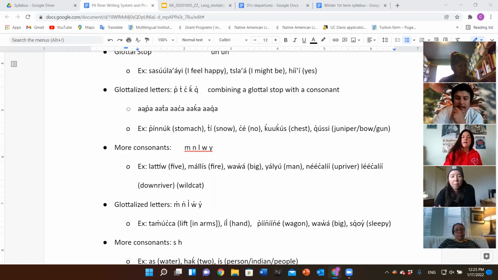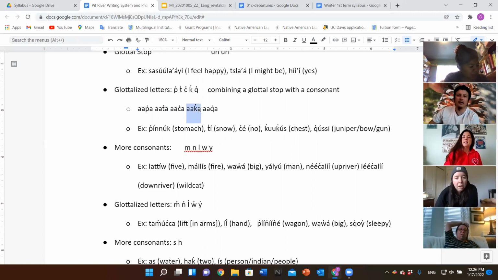Like an unvoiced P. And then the T would be like that. And then the glottal C would be like ch. And the glottal K would sound like uh.